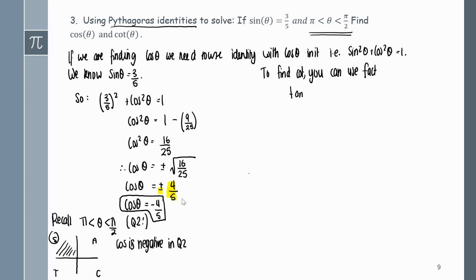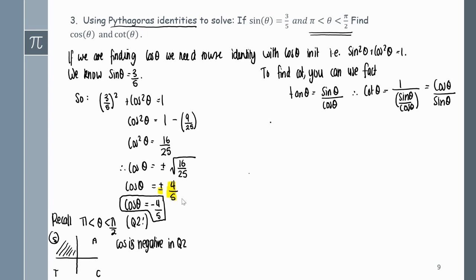So tan theta is simply sine theta over cos theta. That means cot theta is equal to 1 over sine theta over cos theta, being its reciprocal. Or if we flip it on its head, we'll have cot theta is equal to cos theta over sine theta.